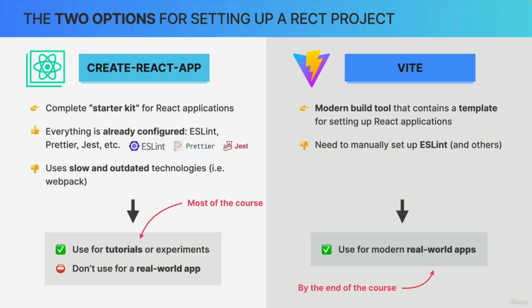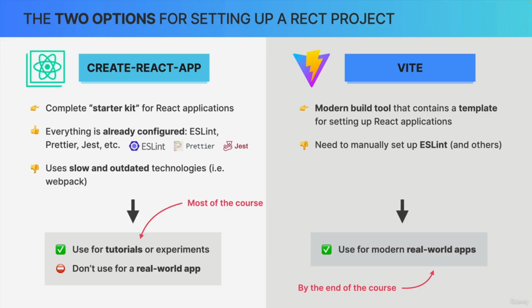And the most annoying and painful of those is setting up ESLint to play nice with React. So that can be a bit of work and it can go wrong. And so this is the reason why I still recommend using Create React App for tutorials when we just want to get up and running as quickly as possible.